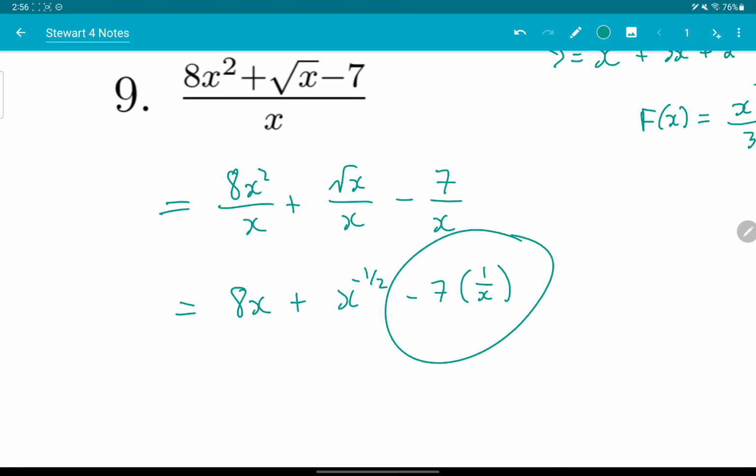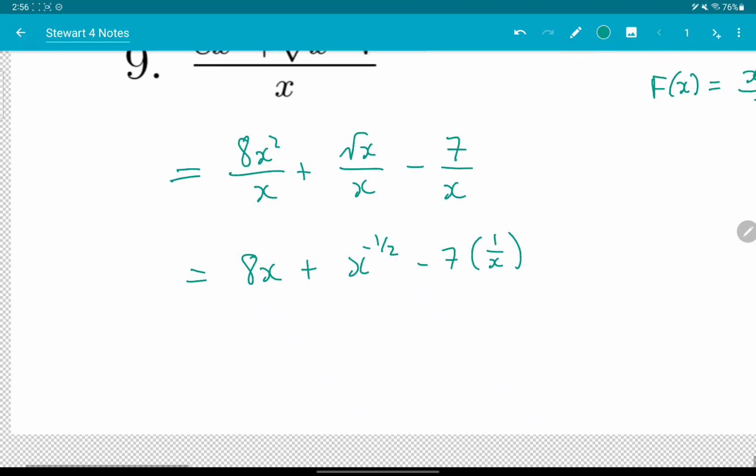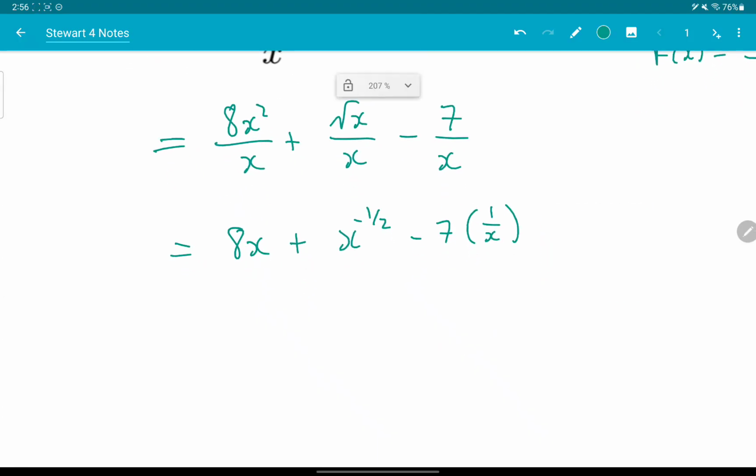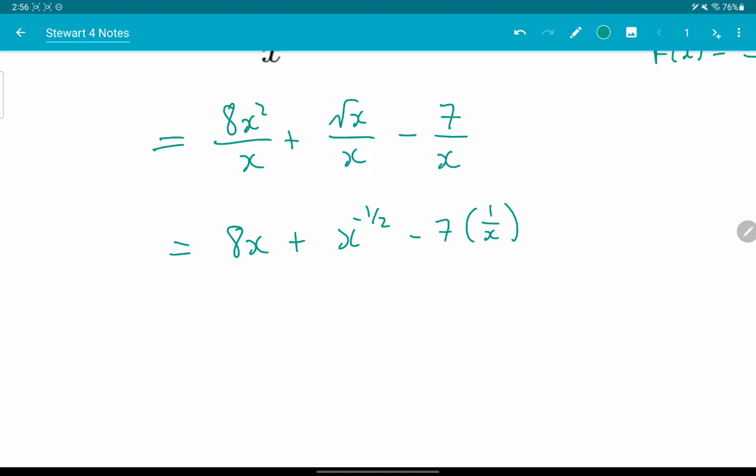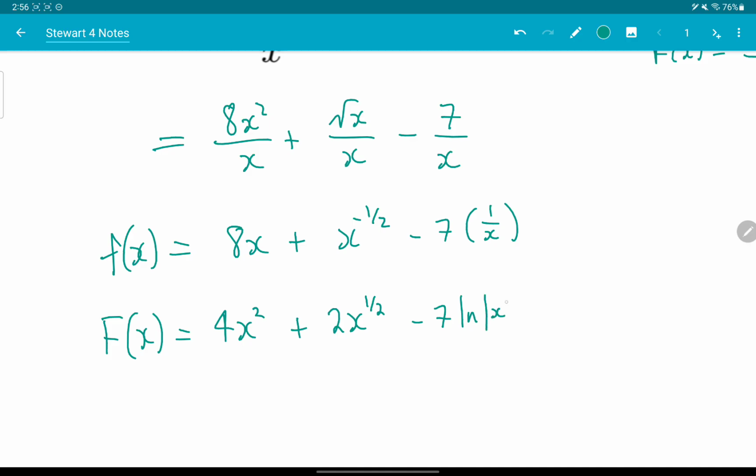This one I can factor just to clarify what's happening next, which is to take my antiderivative, capital F, equals 4x squared plus 2 x to the 1/2 minus 7 ln absolute value of x.